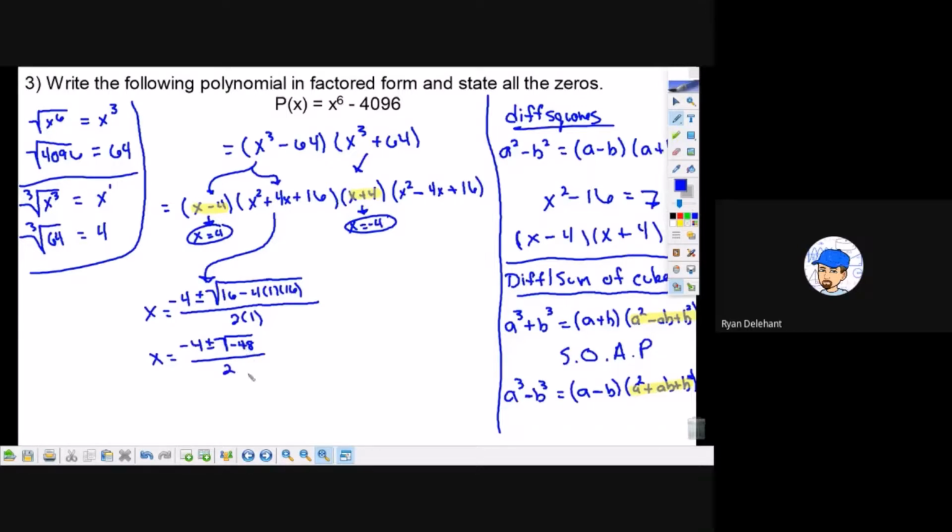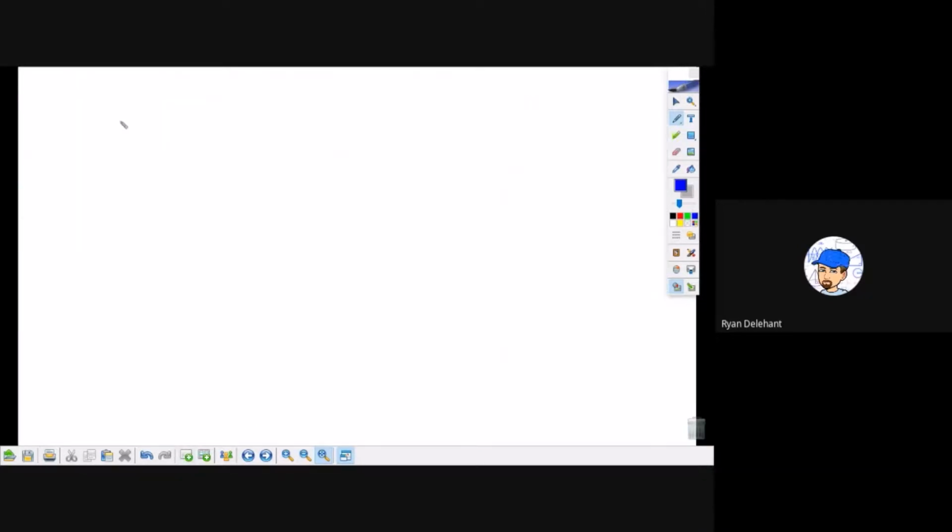So that means we have to deal with this square root of -48. We know how to get rid of the negative: there's going to be an i in front. And now we need to dissect the 48 and hunt for perfect squares. I know 48 has a factor of 16. 48 divided by 16 is 3, right? So let me write the whole thing out so we see it. -1, 16, and 3 are the three things that multiply together to give me -48.